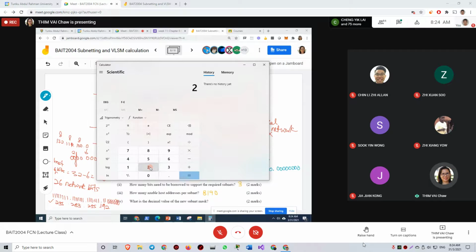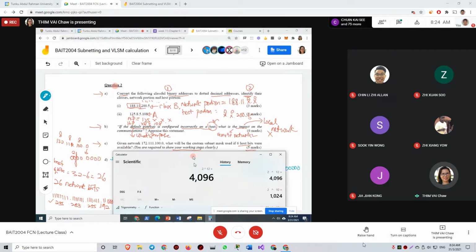I know that 2 to the power of 10 is 1024. So it means the exponent should be larger than 10. I will try other values like 2 to the power of 12. 2 to the power of 12 is only 4,000, not enough.